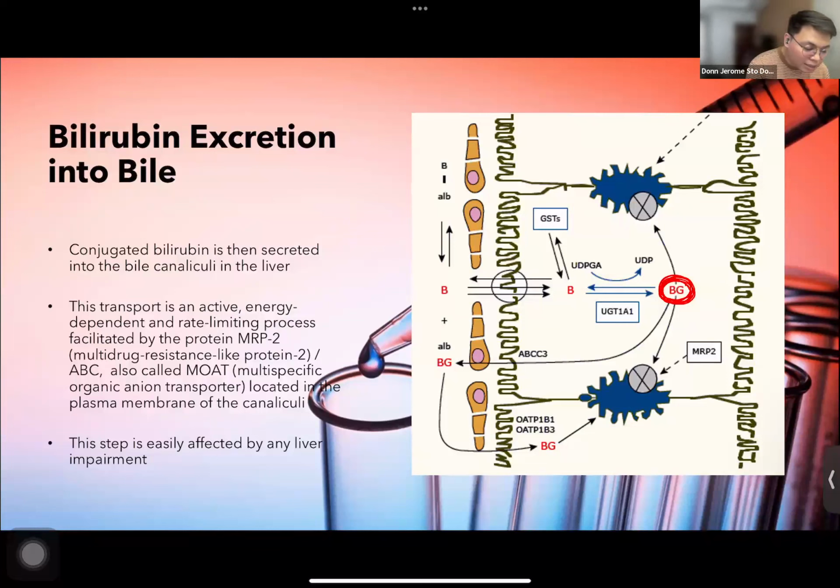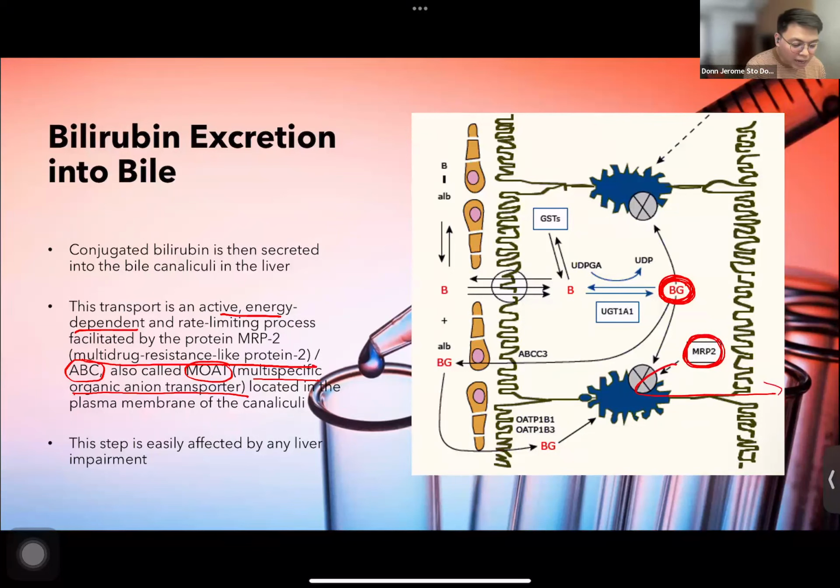It can be transported in an active energy-dependent process inside, no, here in your MRP2 or multi-drug resistance like protein 2, otherwise called as ABC, or MOAT, multi-specific organic anion transporter.